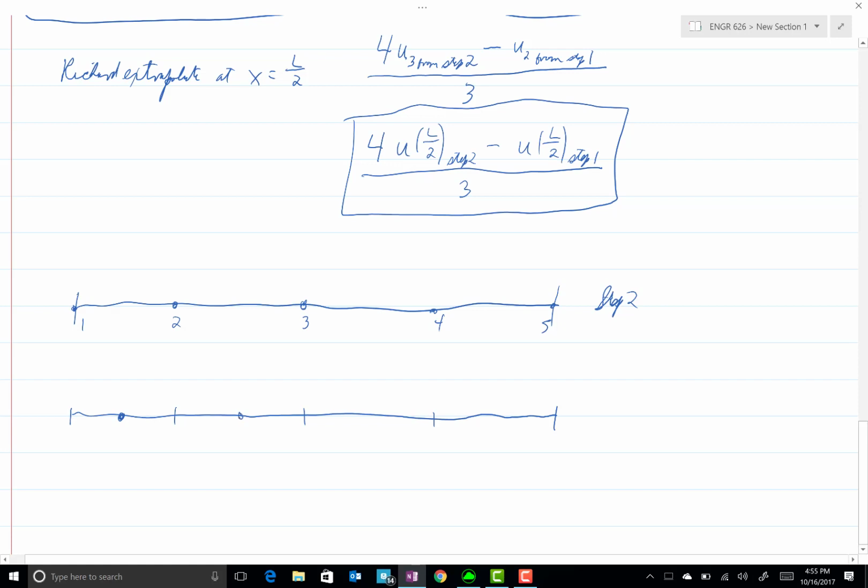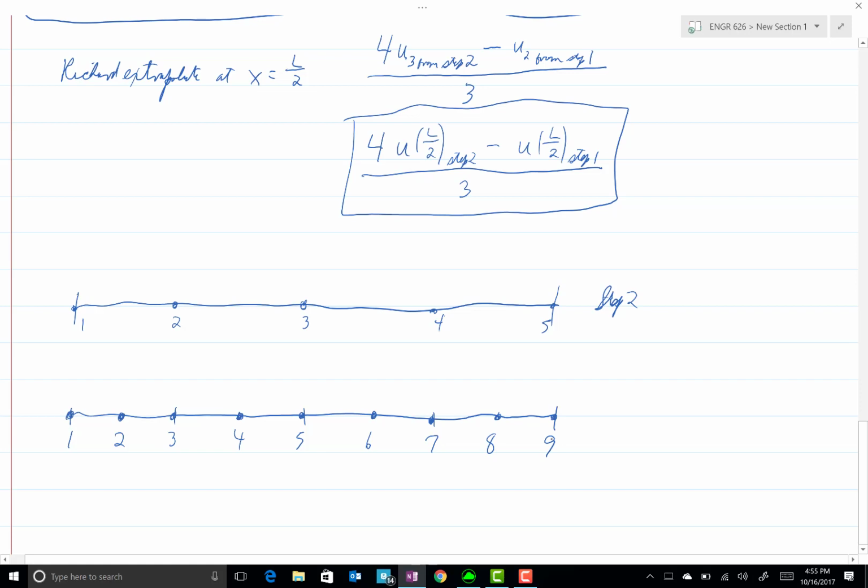So we're going to put another node here, another node here, another node here, and another node here. Then we have our nodes at these points, and we number them 1, 2, 3, 4, 5, 6, 7, 8, and 9.